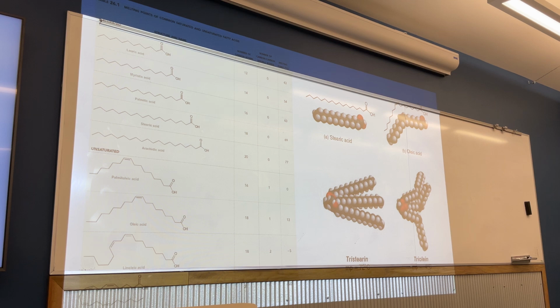Different fatty acids have different degrees of unsaturation, so different smoke points and different shelf lives, based on how easily they get oxidized.